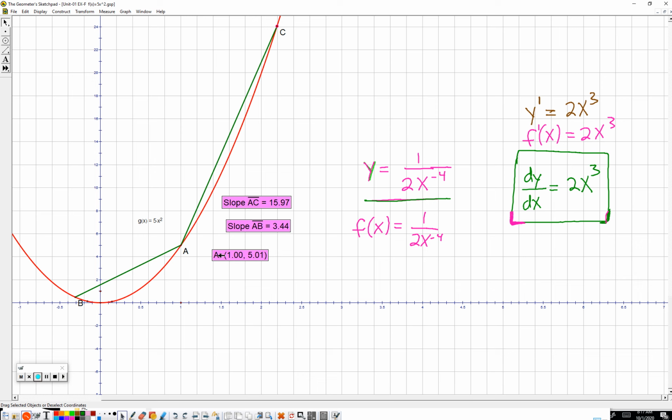To find that slope, I go find a nearby slope. I create a secant line to the left, like this, and I figure out a way to calculate the slope of that secant line. So that's what the computer is doing right here. The computer is calculating the slope of that.